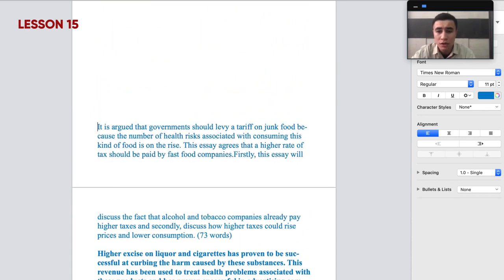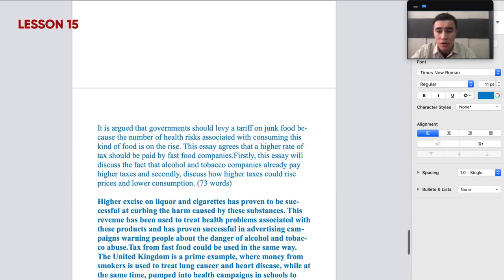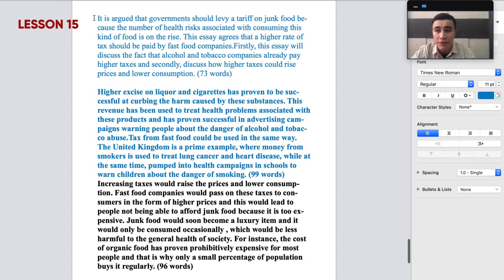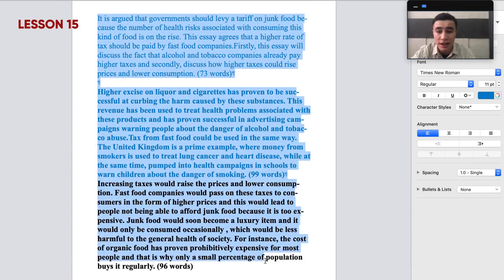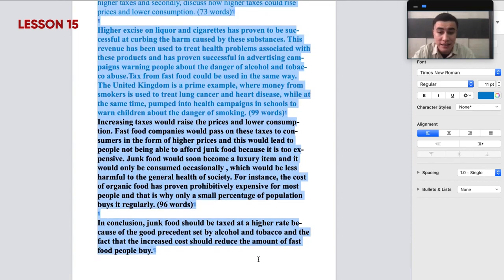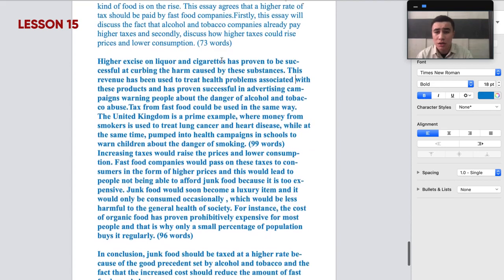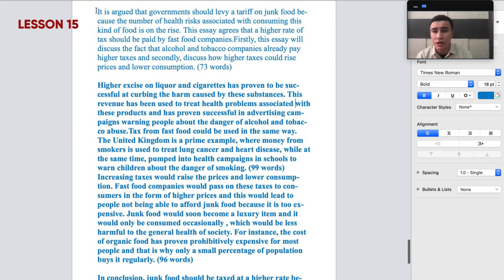Okay, so first of all, you should understand that writing opinion essay is not that difficult as long as you understand the general, let's say, structure and of course step by step strategy. So how many words we have here?